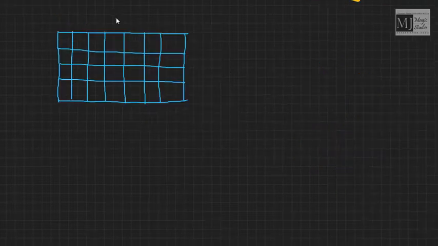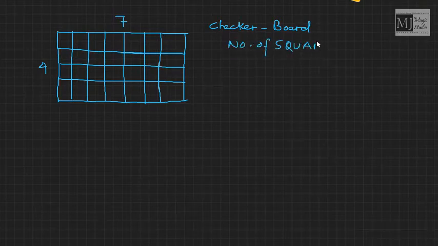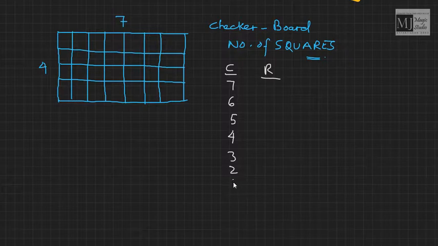Understood? So this is a 7 into 4 checkerboard. Find the number of squares on this checkerboard. Take your time and give me the correct answer. I have columns, I have rows. 7, 6, 5, 4, 3, 2, 1.